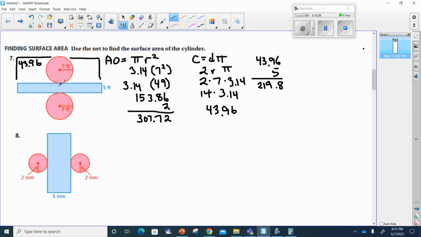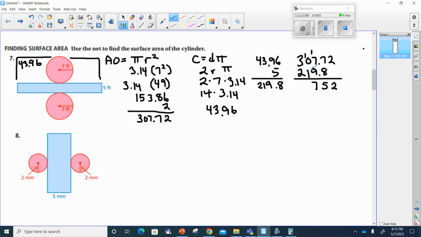All right, now we found the area of this rectangle. Now we just need to add it to the area of the circles. So we're going to take 307.72 and add it to 219.8. Let's see, the 2 is going to come down. 7 plus 8 is 15. I'm going to carry the 1. I got 9 plus 1 is 10, plus 7 is 17.